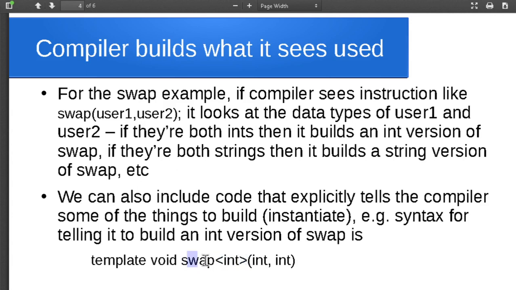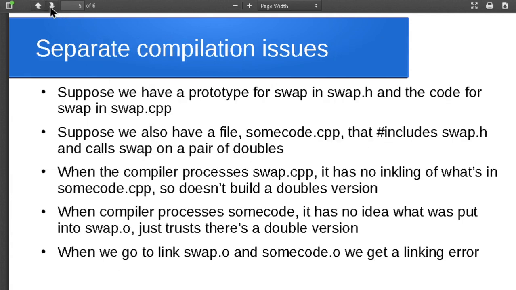So I'm saying I want to build a swap for int, and therefore the parameter list is going to look like this, a couple of ints. It's possible that your templated type might be part of the return type as well, but that's the idea. So the compiler can either build something when it sees it, or you can explicitly tell it in advance, I need you to build one of these because I am going to be using it.